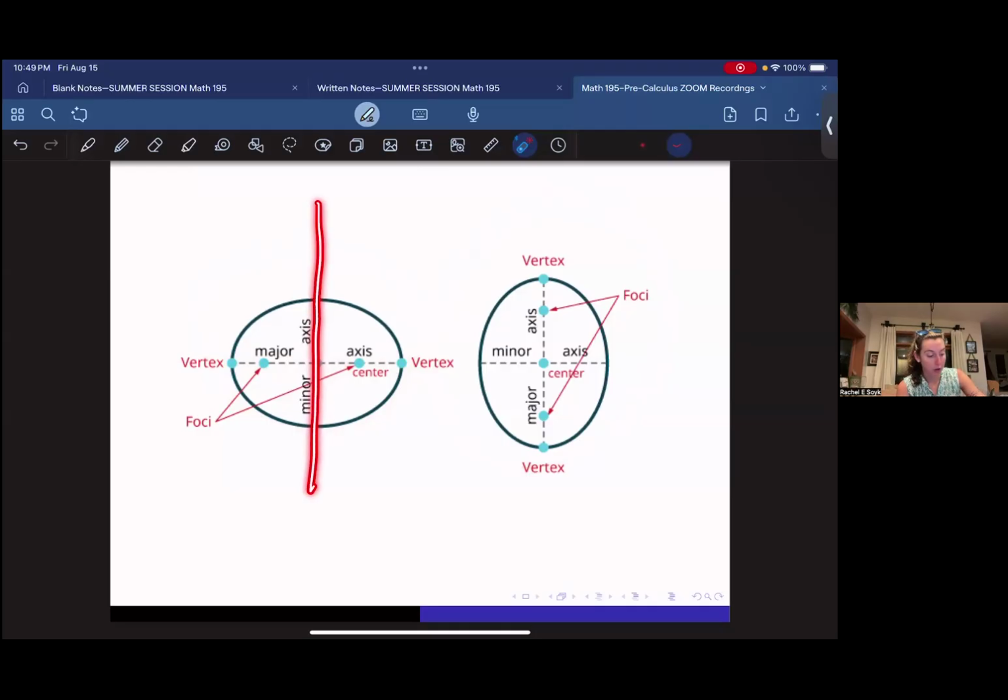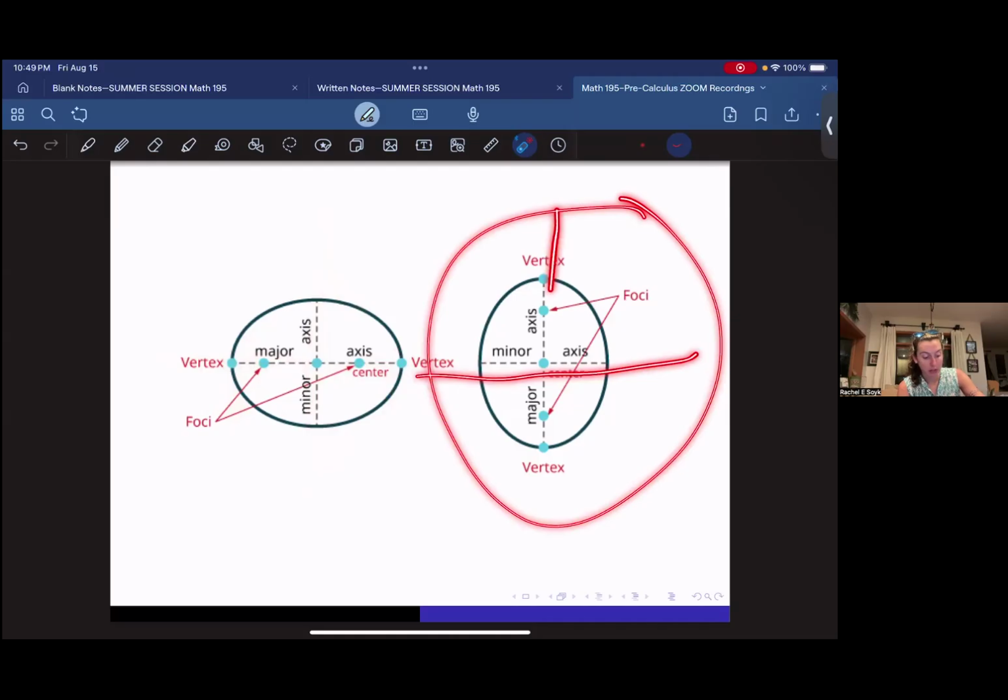So if you were to draw your XY axis in this first example, your distance from x1 to x2 is much greater than your distance from y1 to y2 on your y-axis. But then in your second example, your distance from your x1 to x2 is much smaller.